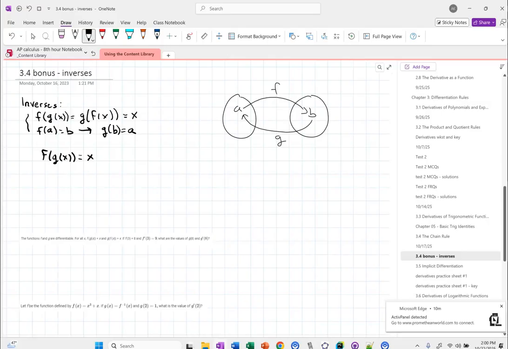All right. So what we're interested in now are derivatives that involve an inverse. So if we have this, f and g are inverses, we can say this.